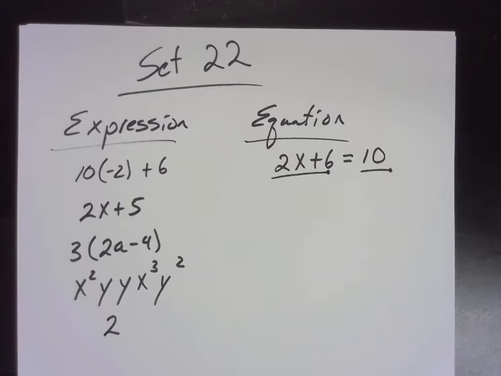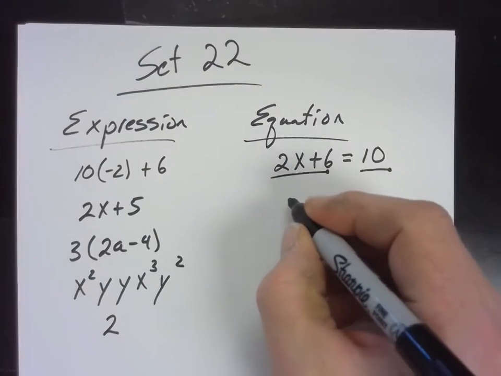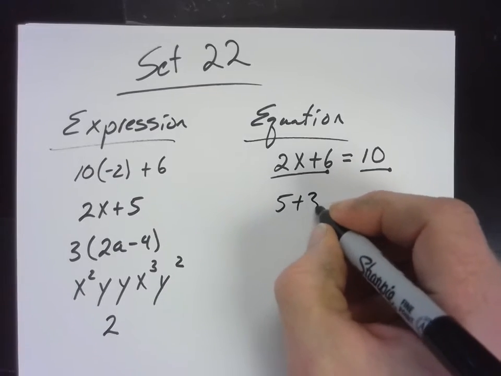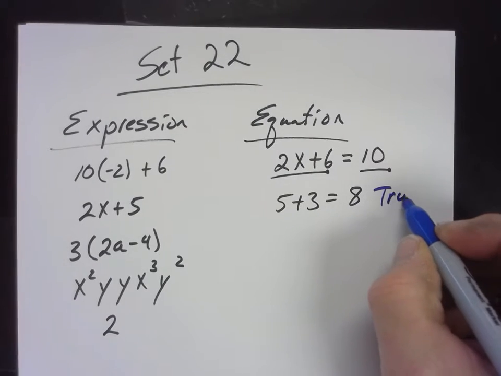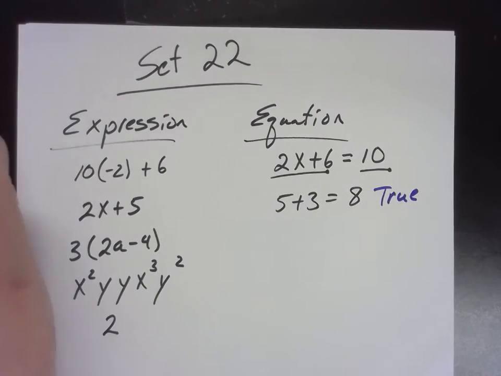Equations can be like this. They can be more simple even. That's still an equation. All right? Now this one happens to be a true equation. Are all equations true?